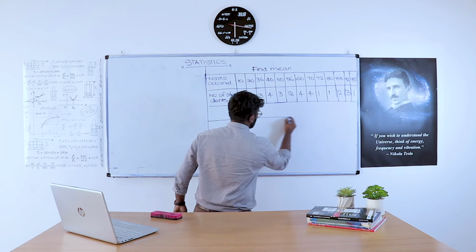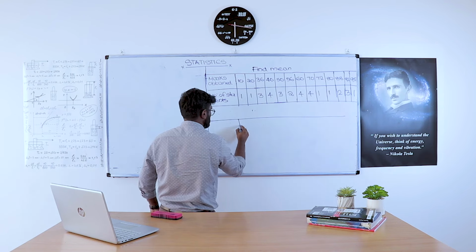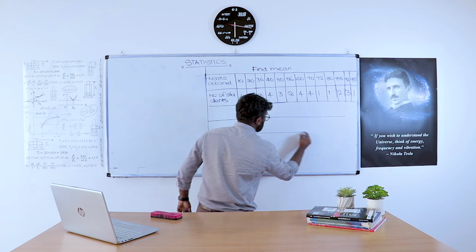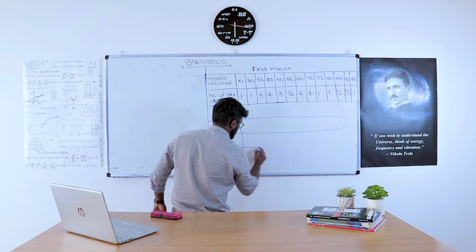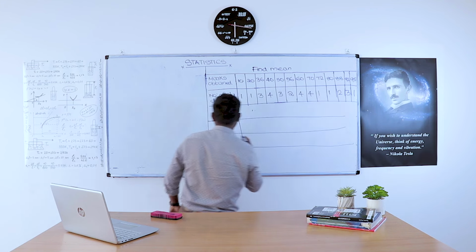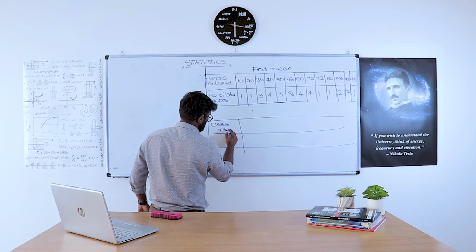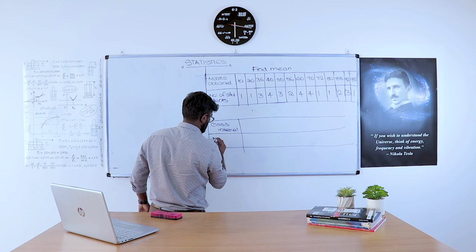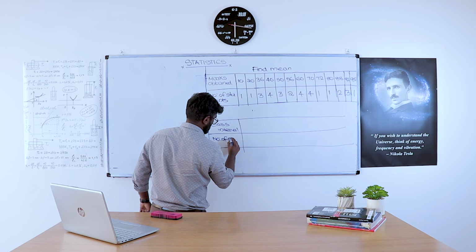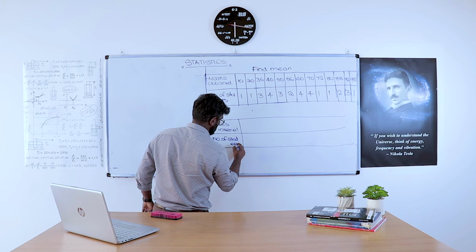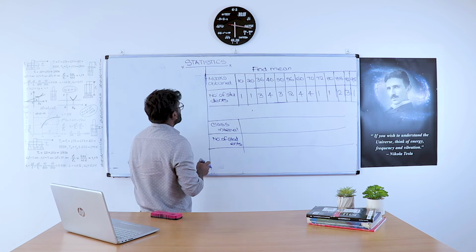I can convert this ungrouped data into grouped data by assigning the class range or the class interval, and number of students. So what is the class interval?